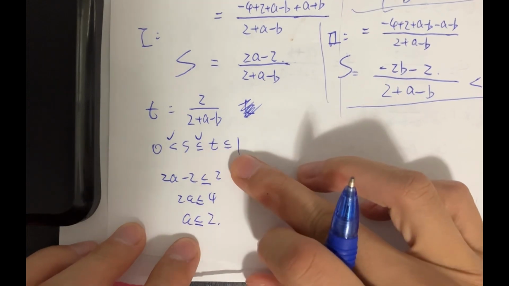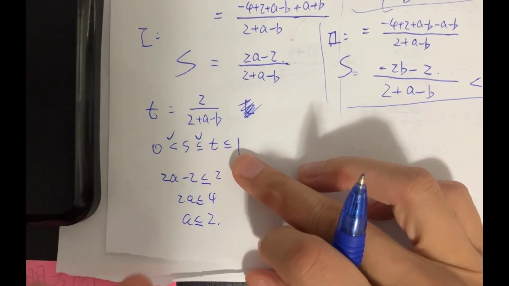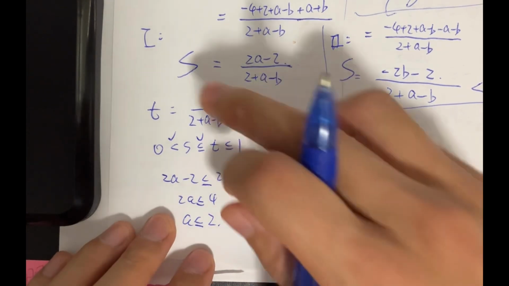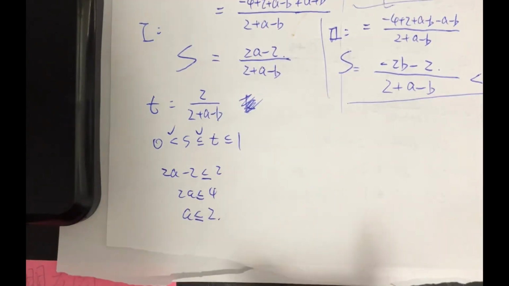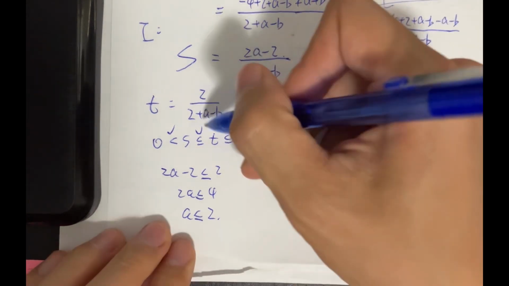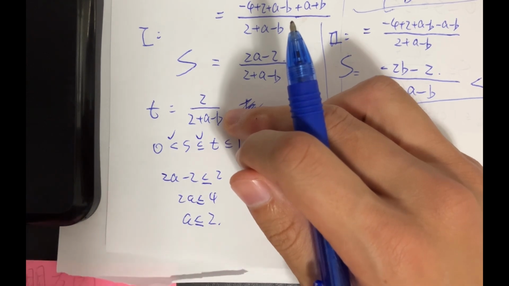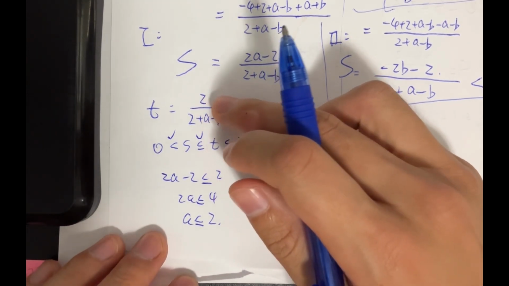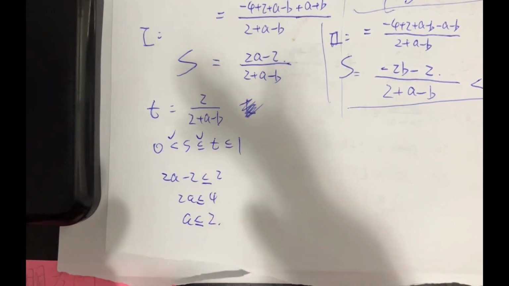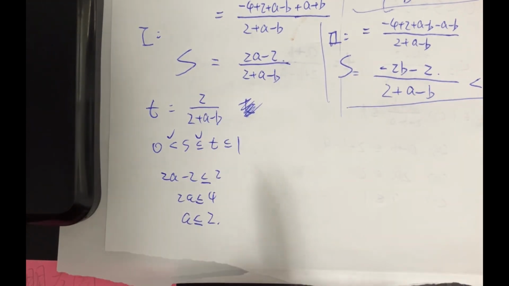And finally, t smaller than 1. Of course, this is for sure, because a minus b is a positive or non-negative thing, as I said. So the denominator is no smaller than the numerator. The base is slightly bigger, and the top is smaller.